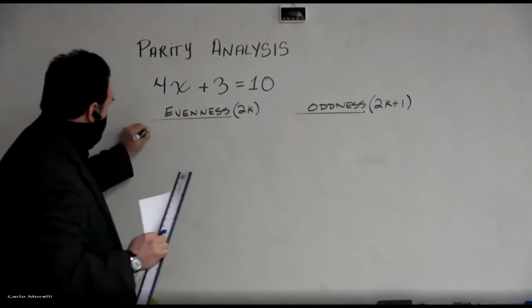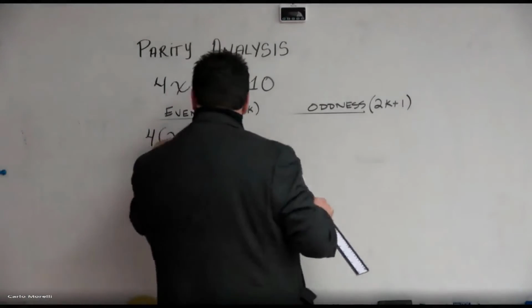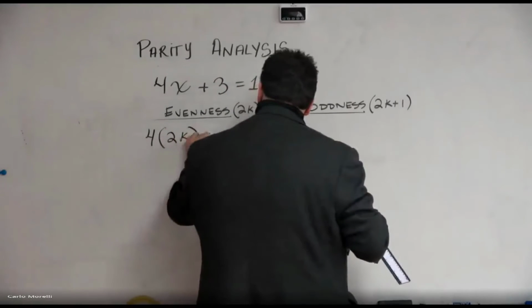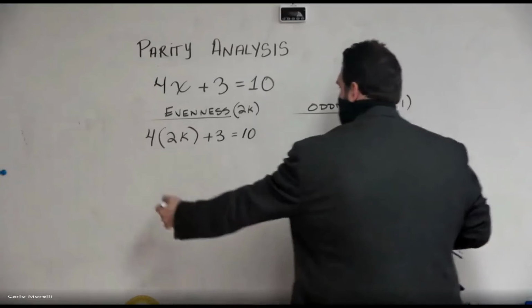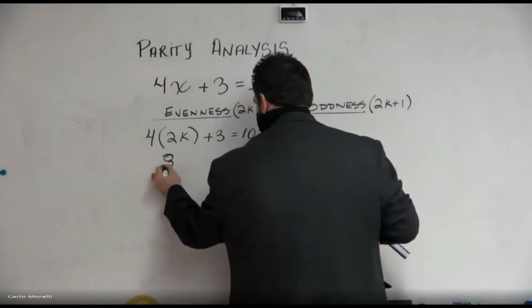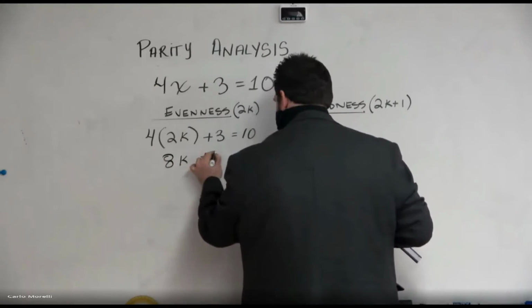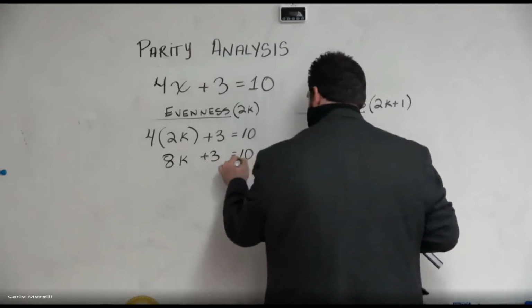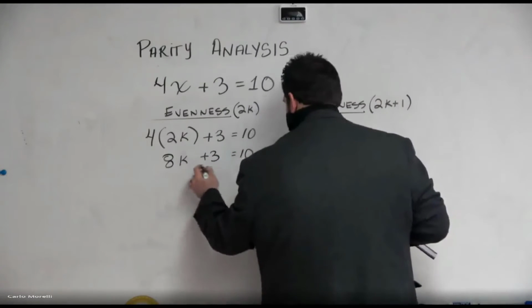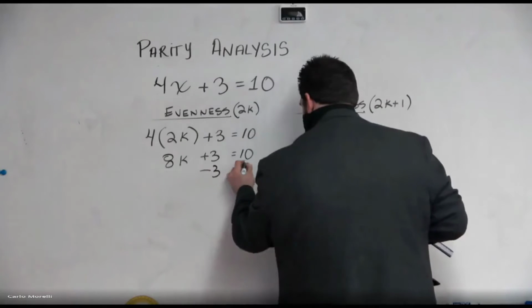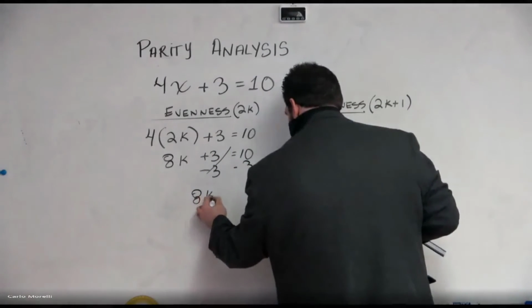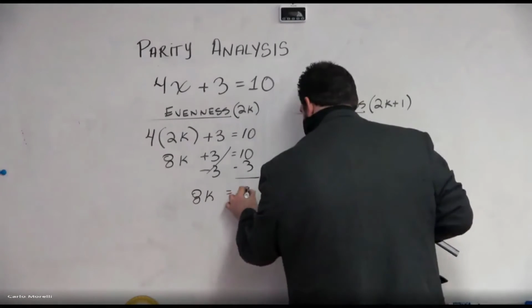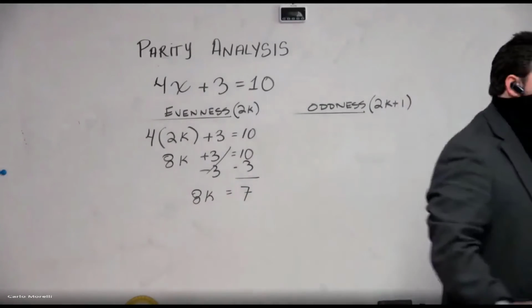So evenness, 4 open parentheses, 2k, close parentheses, plus 3 equals 10. 4 times 2k, that's 8k, plus 3 equals 10. Just solving it out. Remember, I'm solving for k, so I'm going to subtract 3 on both sides, and now I've got 8k equals 7. You already know this is not going well, right?